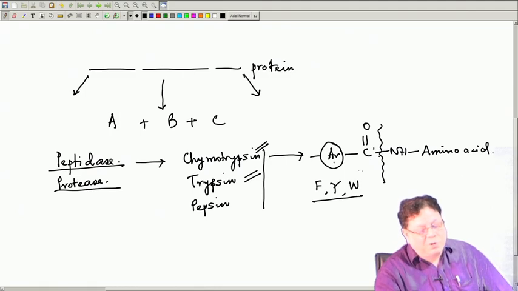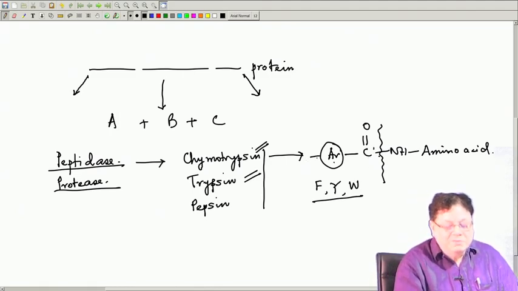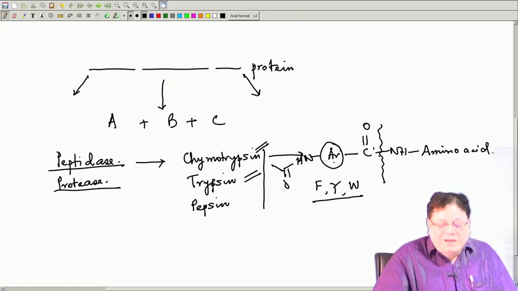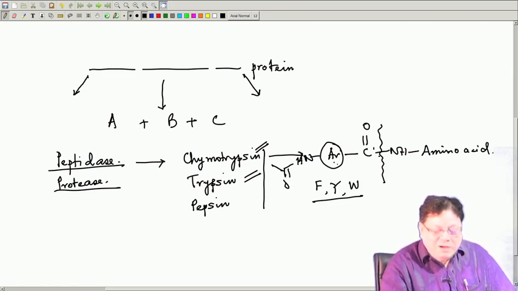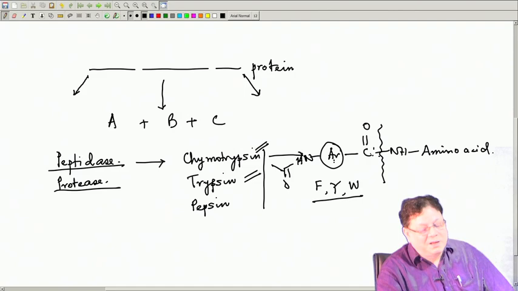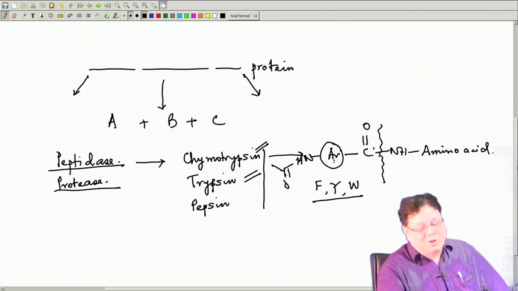This is also connected to another peptide bond on both sides, left and right. So you have to say that for the aromatic amino acid, it breaks the peptide bond involving the amino acid at the carboxy end, the C double bond O at this end, because that is the carboxy end on this side.